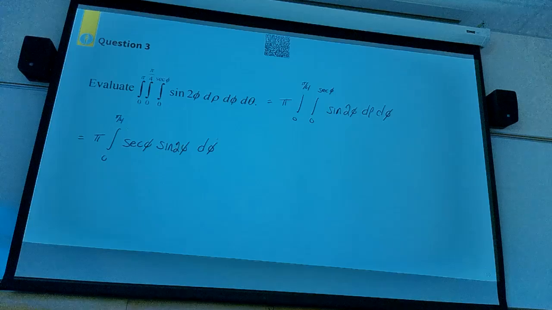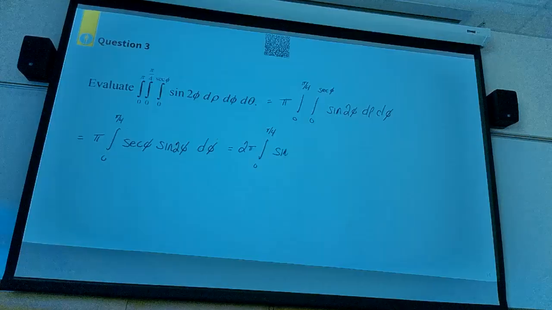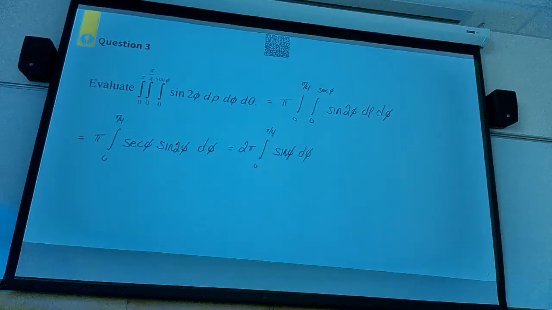So sine of 2 phi, double angle identity: 2 sine cosine. But secant's 1 over cosine. Secant times cosine is 1. That's what you're left with.